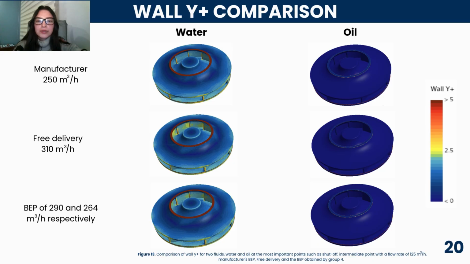The differences between the profiles of water and oil can be explained because this parameter is determined by the Reynolds number of the fluid studied. As the density and viscosity for water and oil are different, the profiles will also be different.